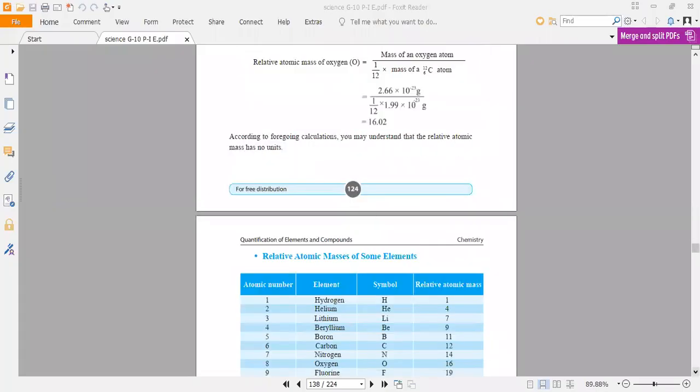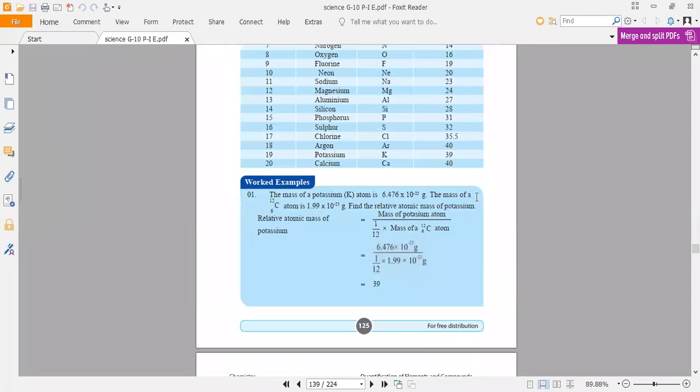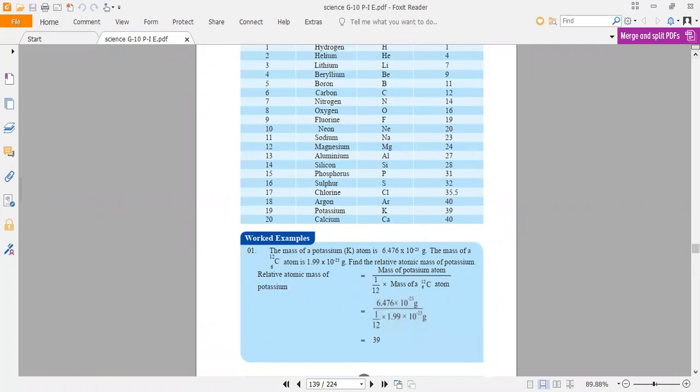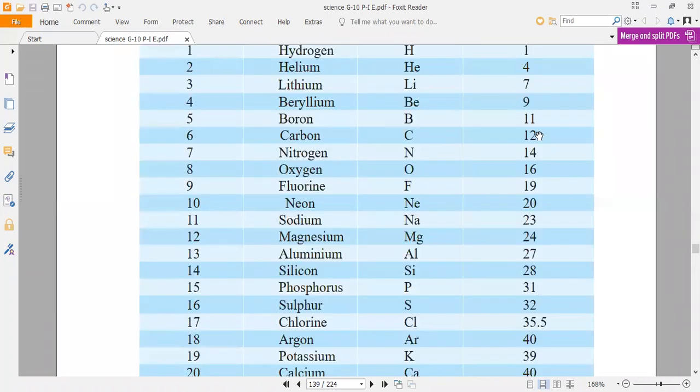Look in your book. And here you see the relative atomic mass of, we'll study that one later. Relative atomic mass of carbon, how much? 12. If you found it for beryllium, you will get 9.